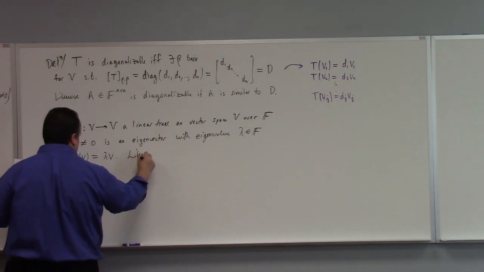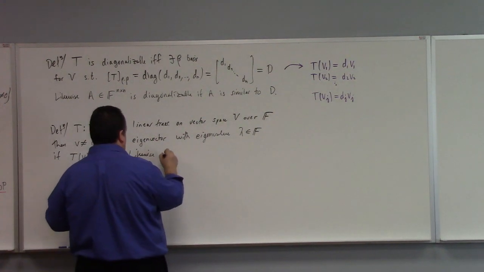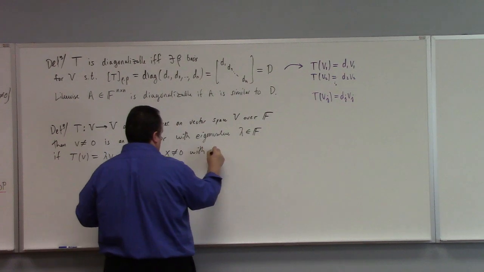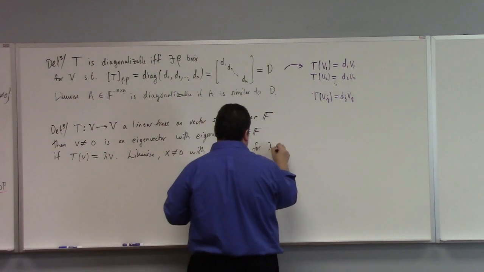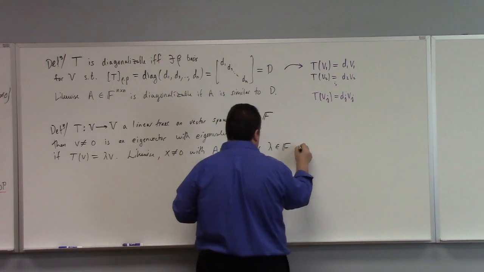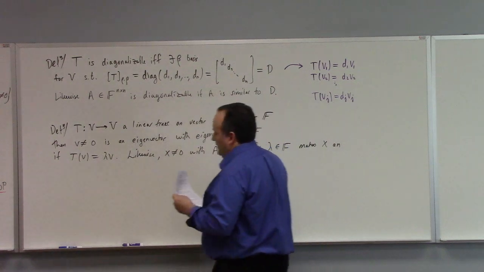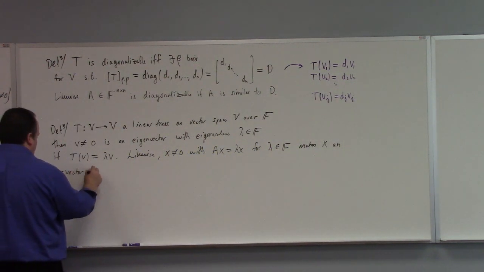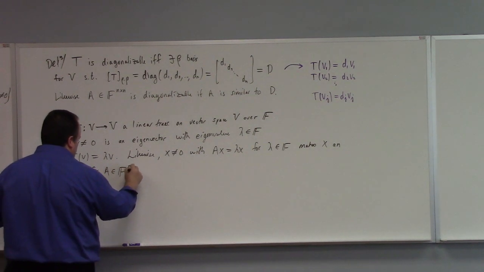Likewise, you know, x not equal to 0 with Ax equals lambda x for lambda in F makes x an eigenvector for an n by n matrix in the field.